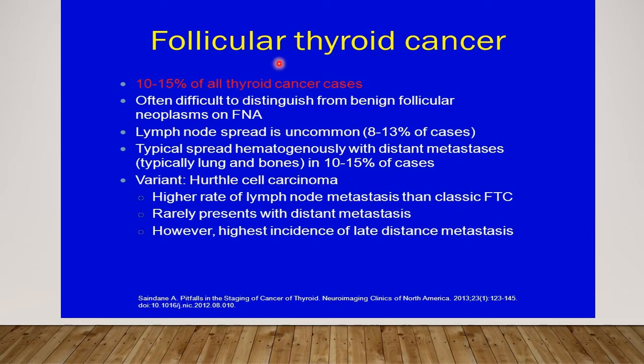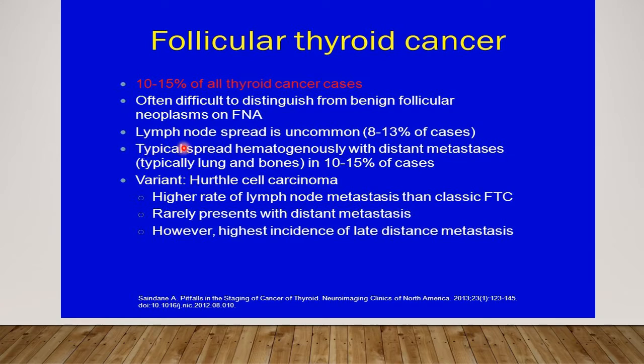Next, the follicular carcinoma of the thyroid. This is the second most common, constituting about 10 to 15% of all thyroid cancers. Often, it is difficult to distinguish from benign follicular neoplasms on FNAC. The lymph node spread is uncommon. Only about 8 to 13% of cases spread to the lymph nodes.